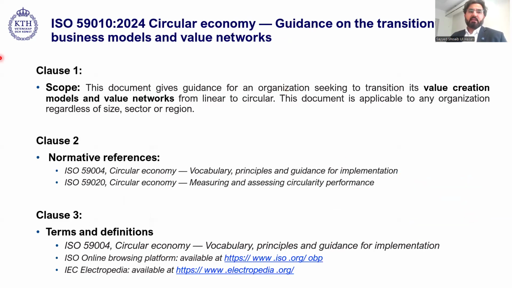Basically, this standard ISO 59010 provides guidance for organizations to transition their business model and value networks towards circularity. Here you can see the standard uses the term value creation models, which is basically a synonym for business model. So whenever you read value creation model somewhere, you can read business model as well. They're the same. And this document is applicable to any organization, regardless of the size, sector, or region.